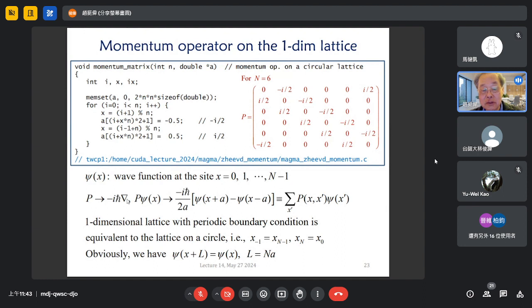When I take the adjoint, I take the transpose, and then the gradient gives you a minus sign, but the i also gives you a minus sign. So together you get the same matrix. You can see this is minus and this is plus, but when you take the complex conjugate and then the transpose, that's the adjoint, then it's the same. So P dagger equals P.